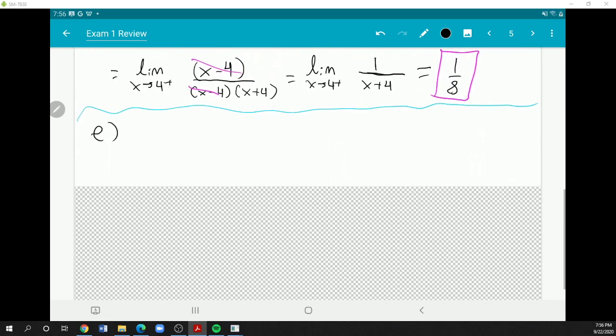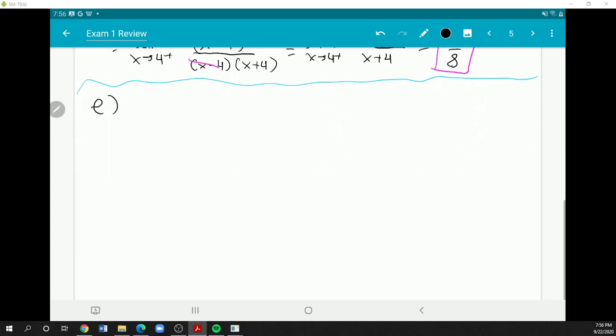So part E, I'm asking you to find limit as x goes to 5 of square root x minus 1 minus 2 over x minus 5. All right.